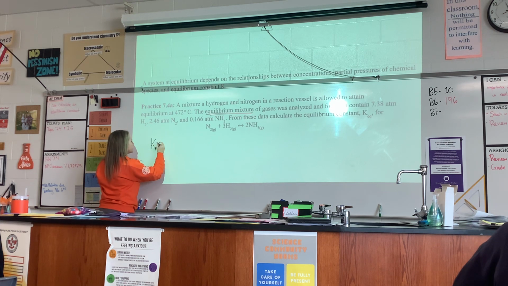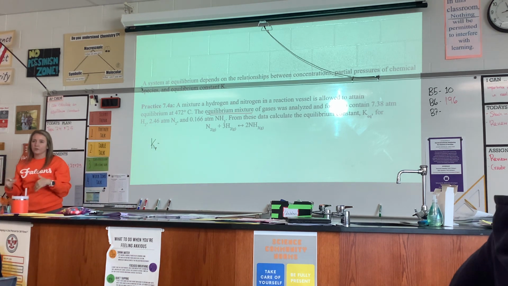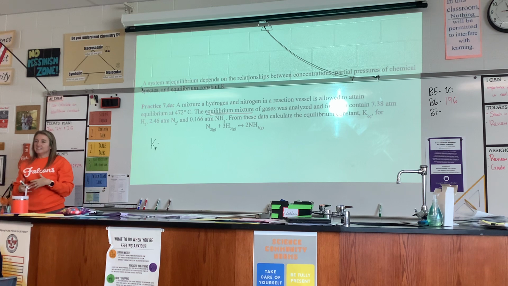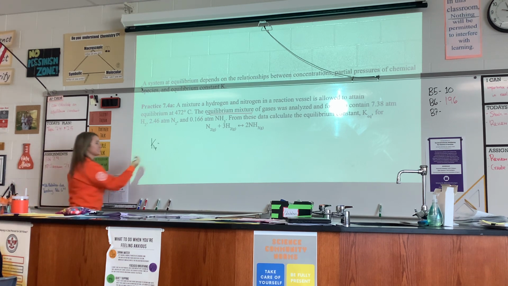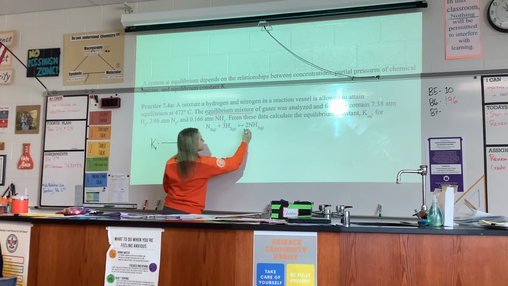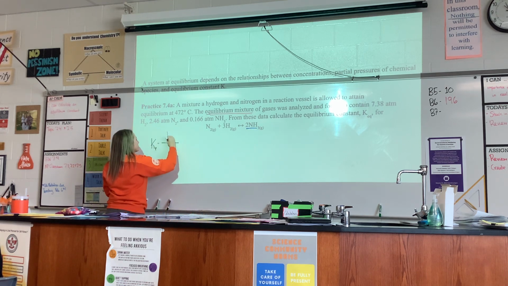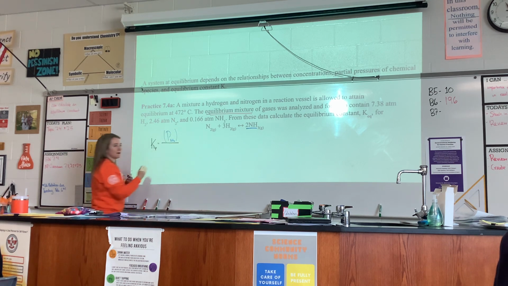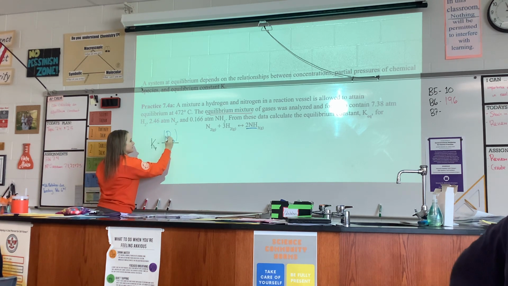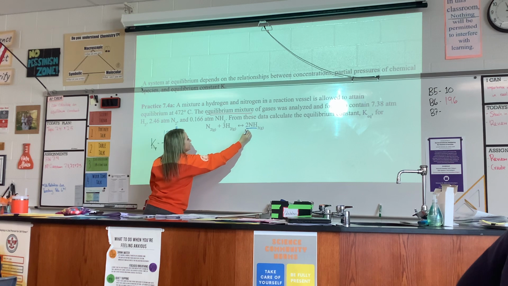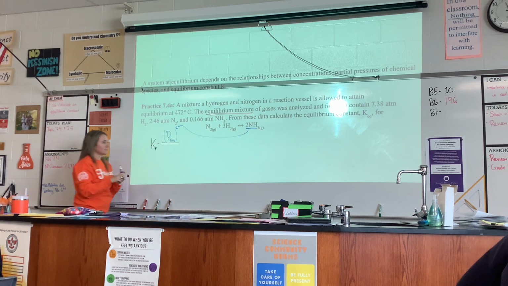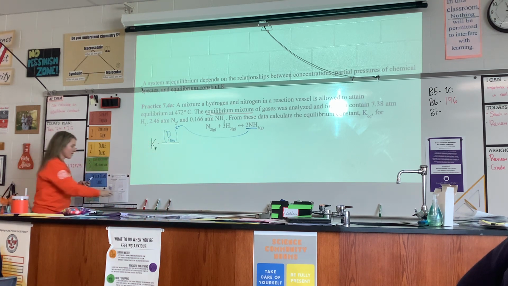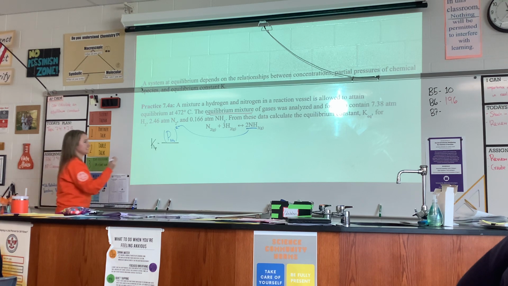When I'm problem solving, I always start with, well, what is the goal? The goal is KP. The setup for the equilibrium expression is always, I'm going to switch colors here, products. So we're going to have the pressure of NH3, to the power of 2, over the reactants.